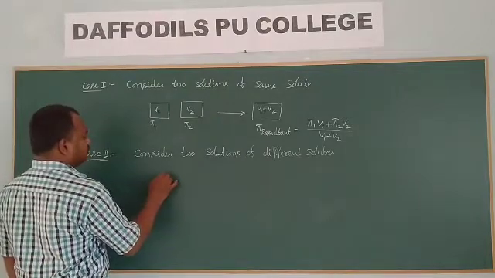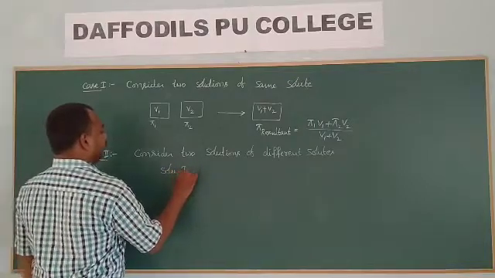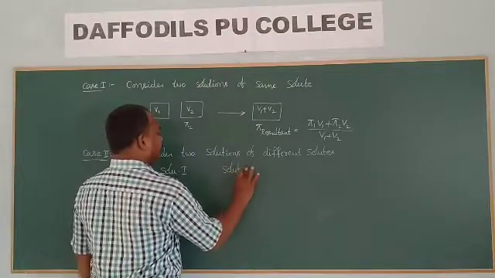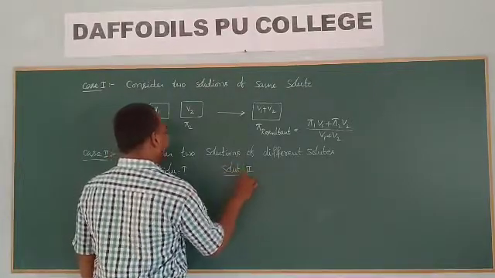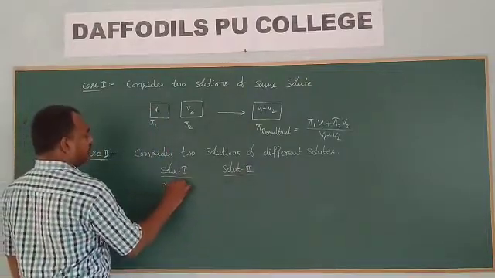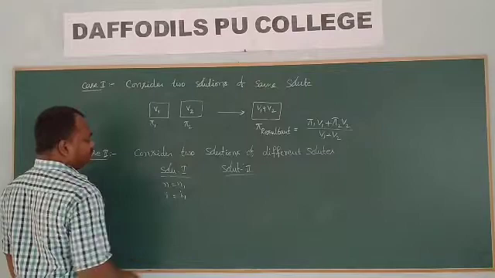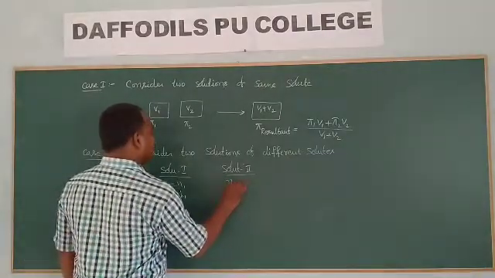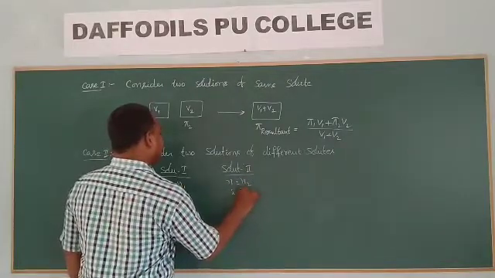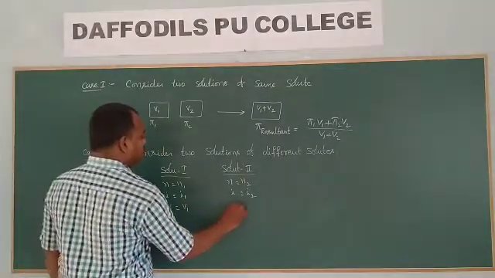Consider the first solution and the second solution. For the first solution the number of moles is taken as n1, its van't Hoff factor is i1, and its volume is V1. For the second solution the number of moles is n2, its van't Hoff factor is i2, and its volume is V2.